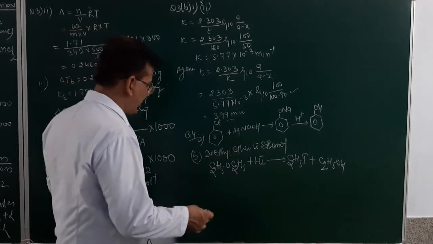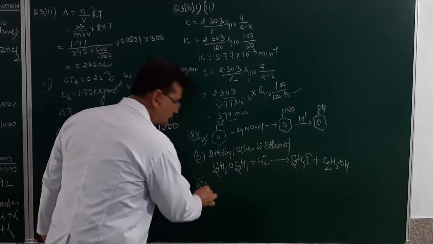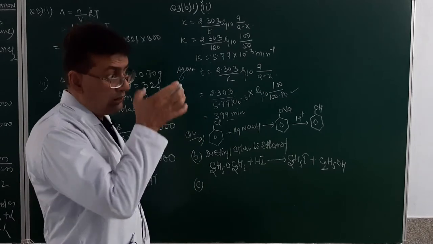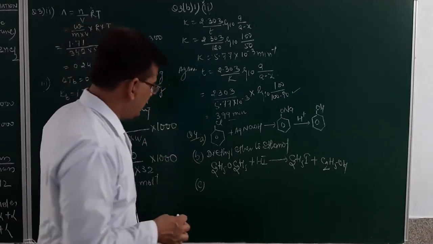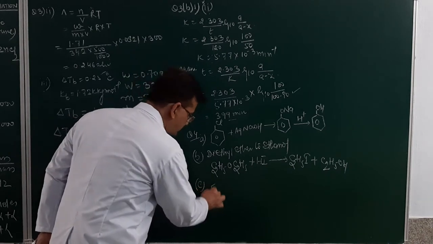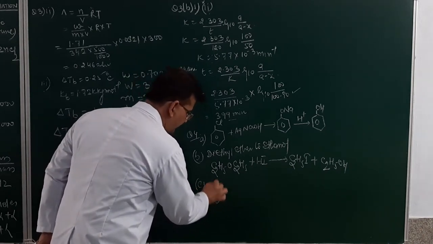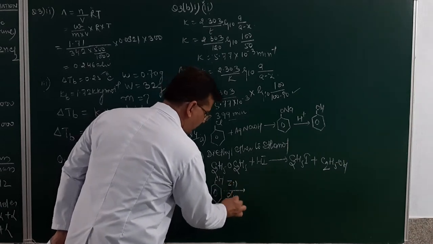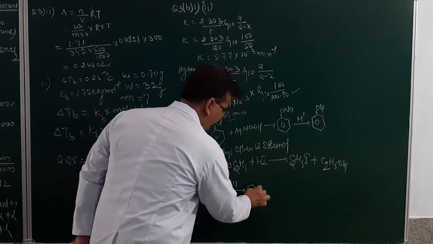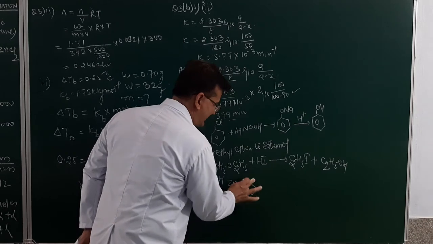Then phenol to aniline. We take the phenol molecule. On reaction with zinc dust, it will result in the formation of benzene.